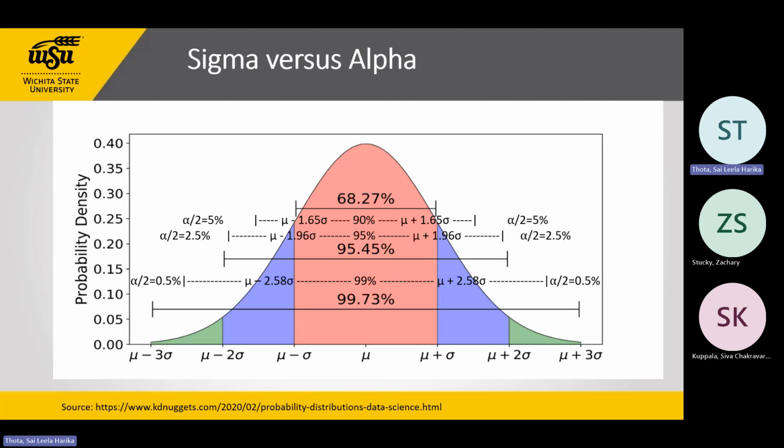So if you consider 100%, we have a 95% confidence interval, and the alpha values fall in the remaining 5%. 95.45% comes under the two standard deviations. And coming to 99%, there is only 1% alpha value, with 0.5% on one side and 0.5% on the other side. So this is how the values are divided in a normal distribution.